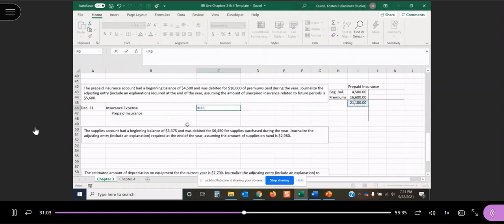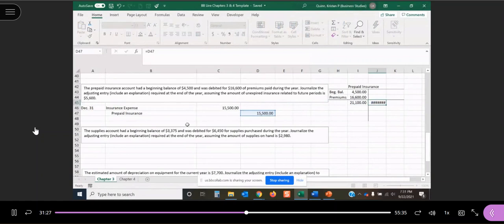So I had $21,100 of prepaid insurance. I only have $5,600 left. So we subtract what we had versus what we still have to get what we've used. So I've used $15,500 of my prepaid insurance.